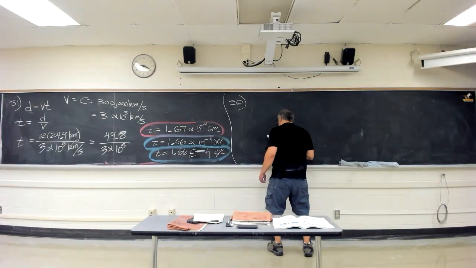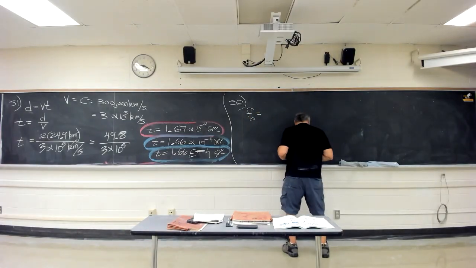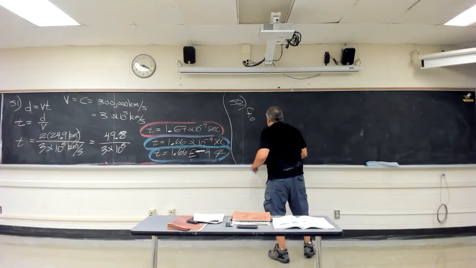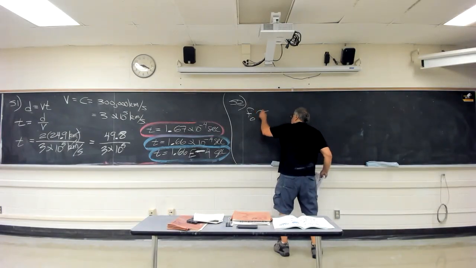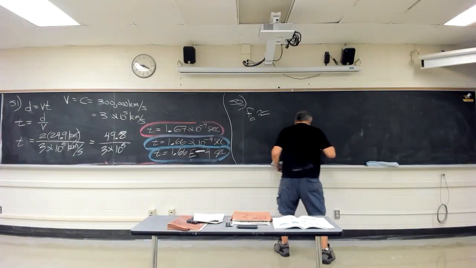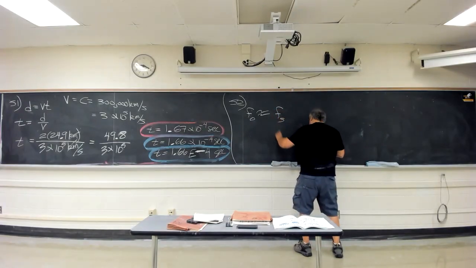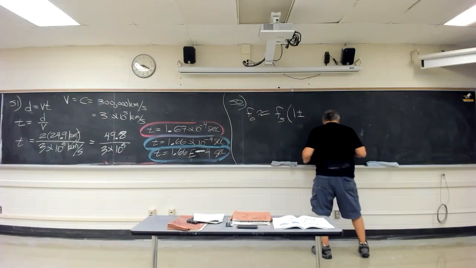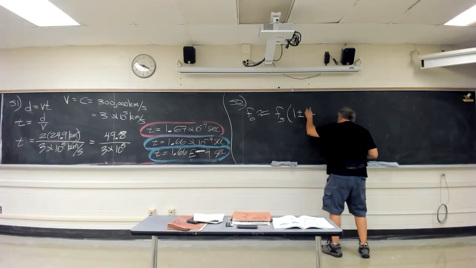And again, I have this in much more detail elsewhere, but the observed frequency of light is roughly the source frequency plus or minus u over c, where u is the relative velocity of approach.